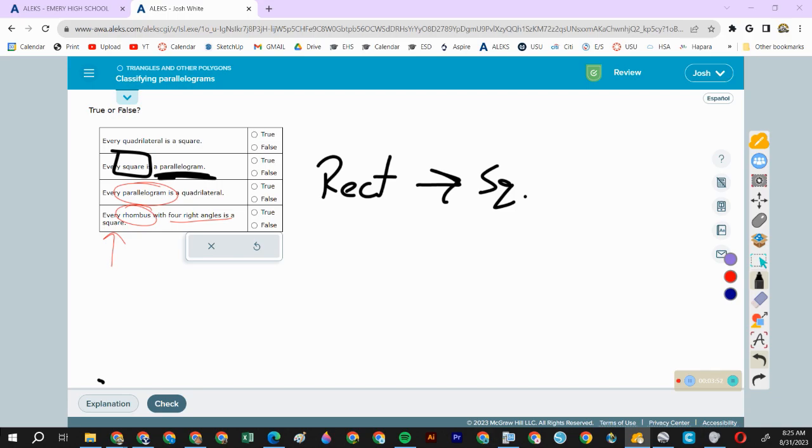If you drew a rectangle, what does it have? 4 right angles. Are there any restrictions on the sides of a rectangle? No. So if I drew a rectangle, is it guaranteed to be a square? Can you draw a rectangle that looks like a square? Yeah. Can you draw a rectangle that doesn't look like a square? Yes. So that one would be false.